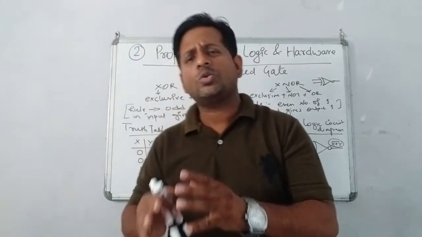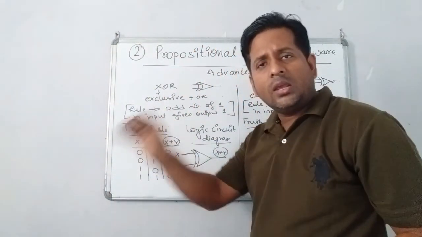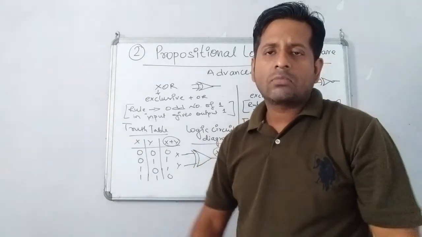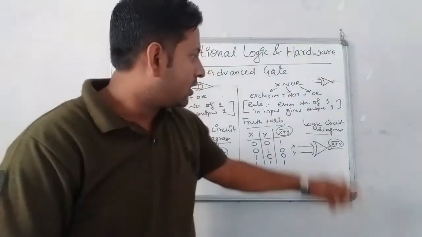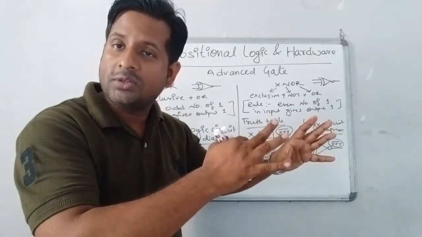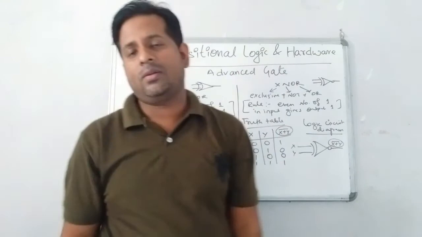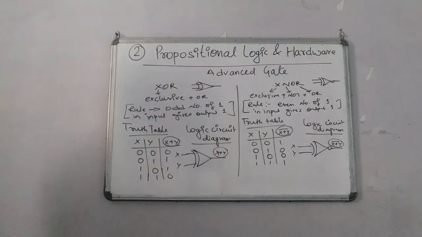XOR means exclusive OR gate. Rule you have to remember, children. Rule is very important. If anytime you forget the rule, you cannot do. Rule is what? Here odd number of 1, here even number of 1. Both are related to output. Output will be what, children? 1. So see this properly. Write down in your copy. Understand it.